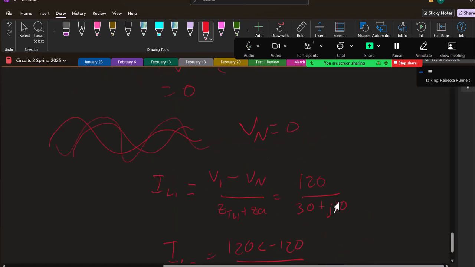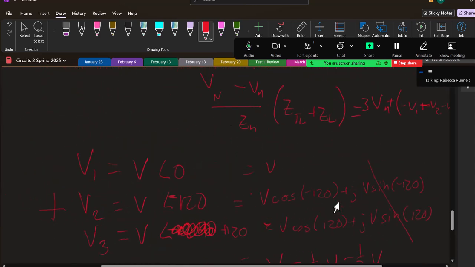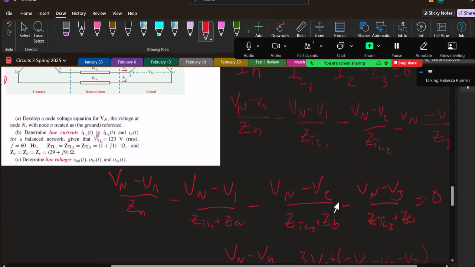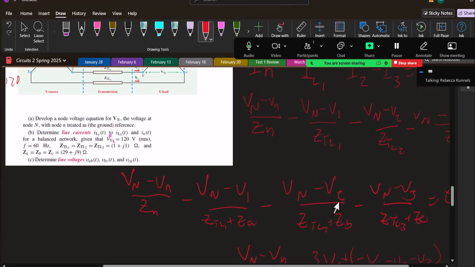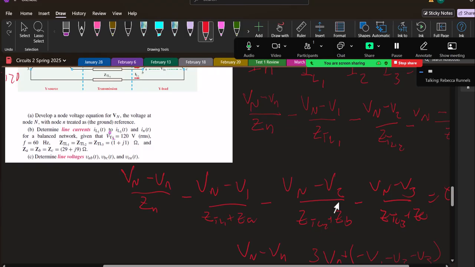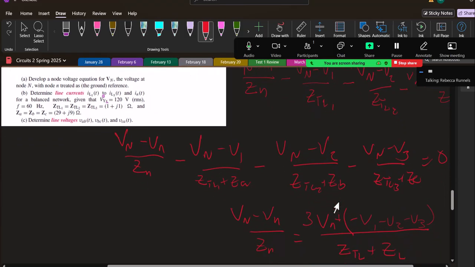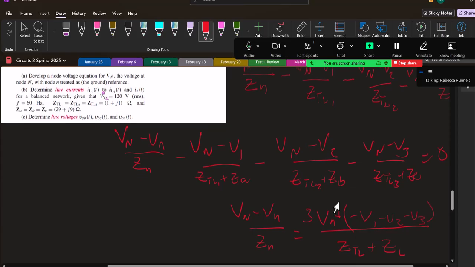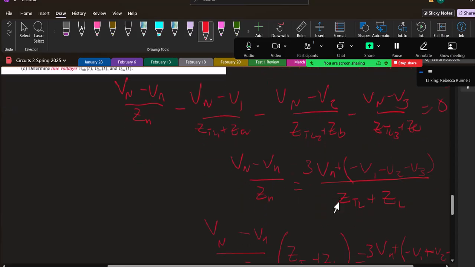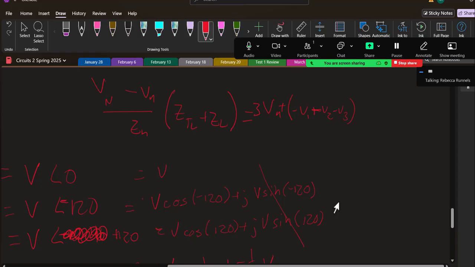All of this work up here was because it said develop a node voltage equation, and we did, and we didn't get anything out of it, but that's because everything is balanced. To determine the line current, now in part B, that's actually easy. You just have to do these divisions.